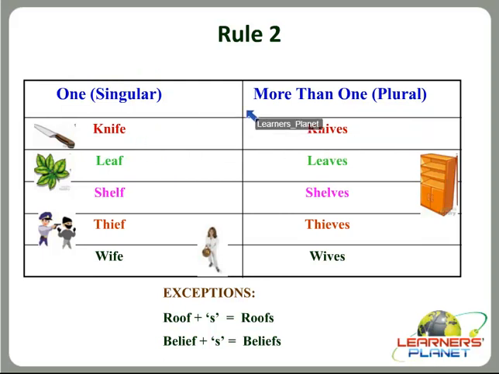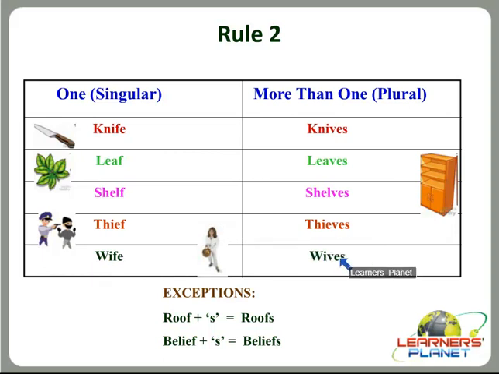Knife becomes knives. So with FE, we add VES. Leaf becomes leaves. Shelf becomes shelves. So the F changes to VES. Thief becomes thieves. Wife becomes wives.